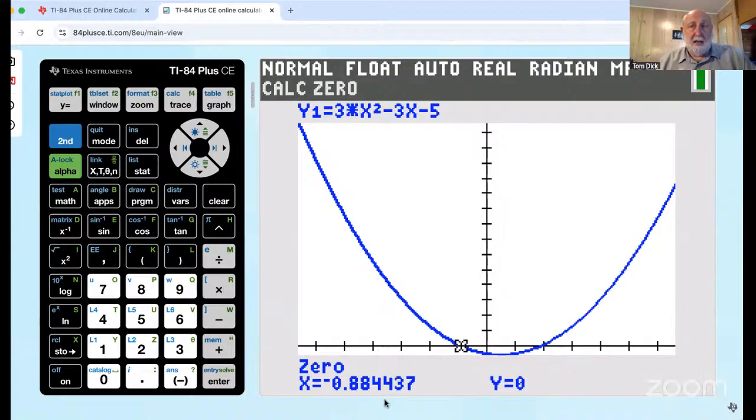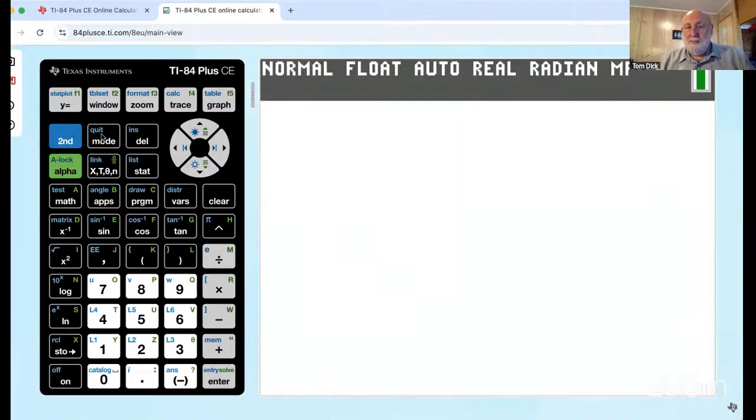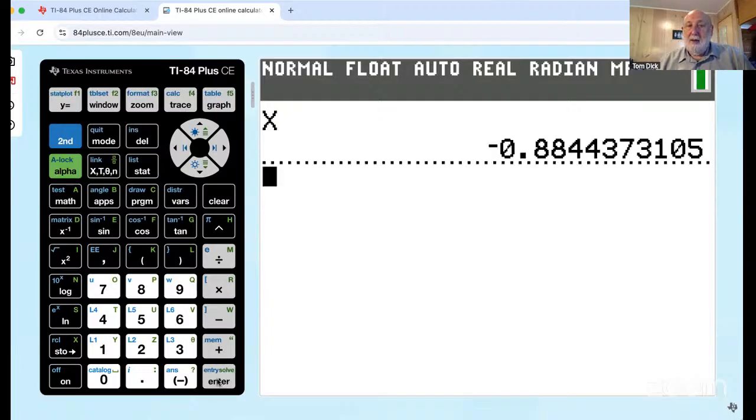We'll calculate the other 0 in just a minute. But I just want to show you that if we quit from the graph screen, that value is in X currently. So if I go to the calculator screen and bring X up, there it is. In fact, we see it to more accuracy than what was displayed on the graph screen.